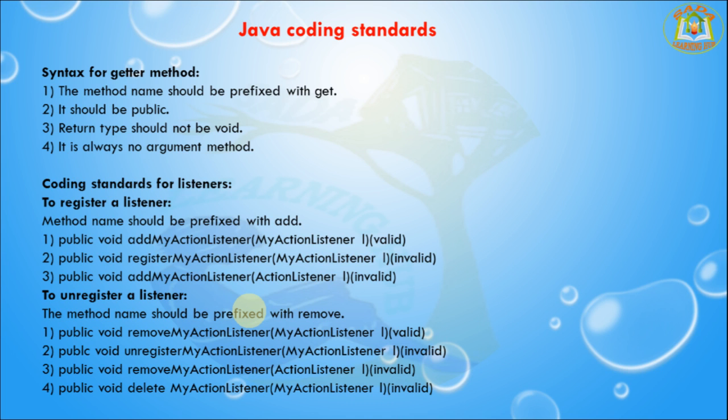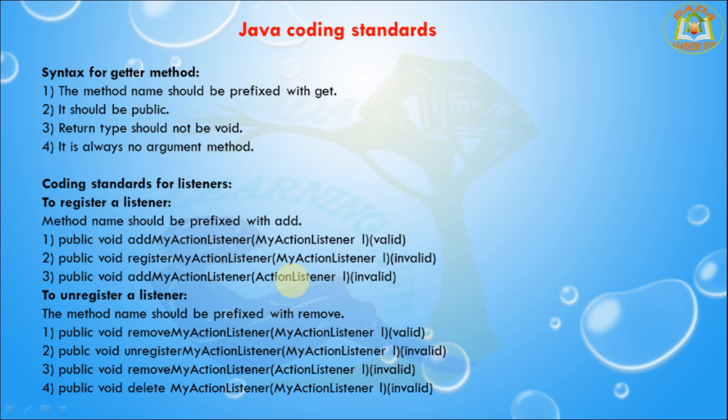This is invalid, because a listener method must be prefixed with add. Then only it is valid. Now public void addMyActionListener(ActionListener l). It is invalid. Why? Because it needs to take the same class.